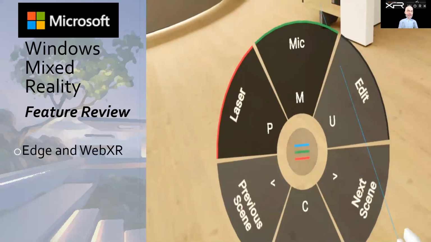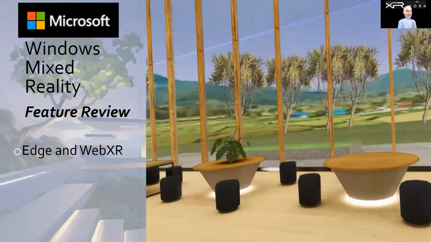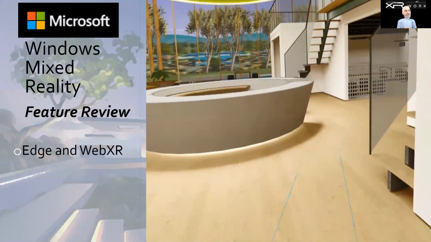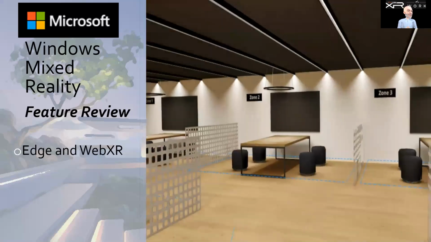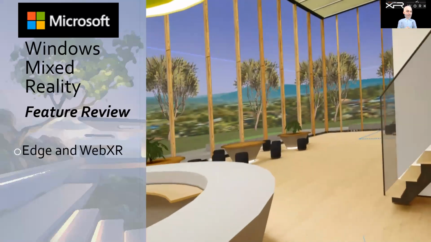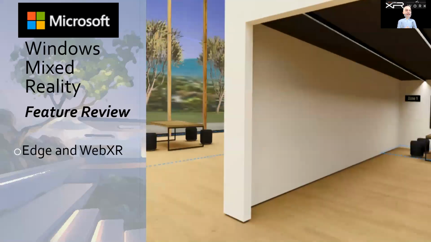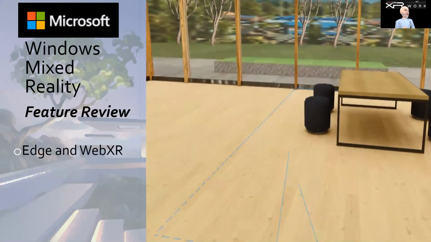The menu here is functional. My hand is functional. My locomotion is all functional. But I am now in Frame. And this is important because the Windows Mixed Reality platform, at least at this stage, is single user, right? Your desktop or your laptop connected to your headset will get you into Windows Mixed Reality that you can leverage on your own.